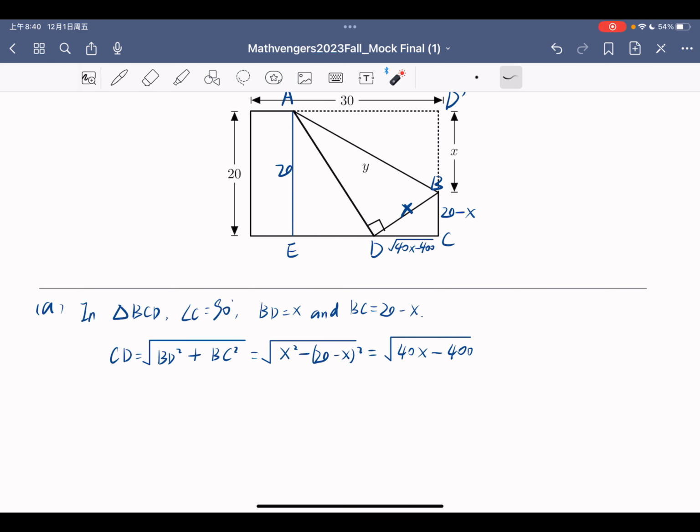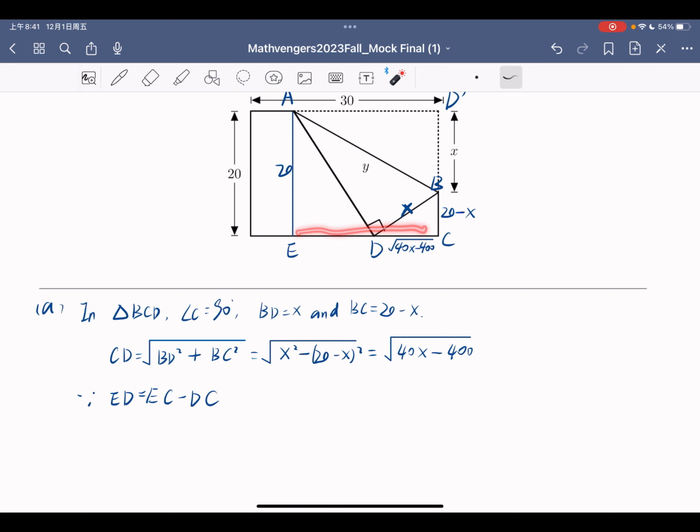Well, you can say DE is equal to EC minus DC, right? Because EC minus DC is equal to DE. But what is EC?